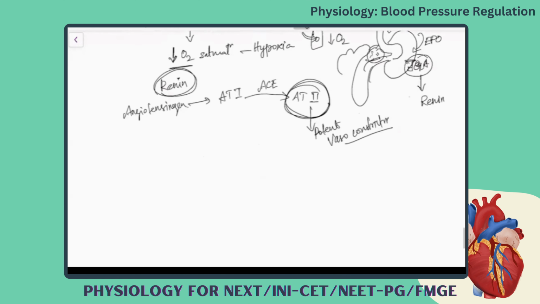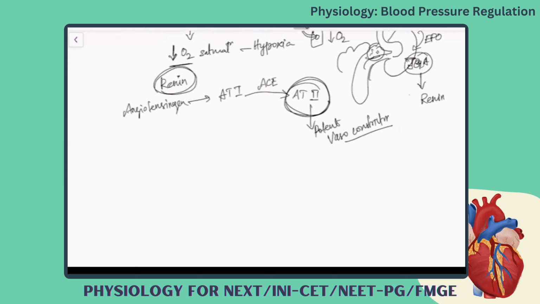So as the name says, potent vasoconstrictor, it is going to do the constriction of the blood vessels. Once the blood vessel is constricted, it causes an increase in the peripheral resistance. Increase in the peripheral resistance increases the blood pressure. Also, it increases the cardiac output, and the blood pressure is restored back to the normal level. This is one of the ways how angiotensin 2 is helping in regulating the blood pressure.